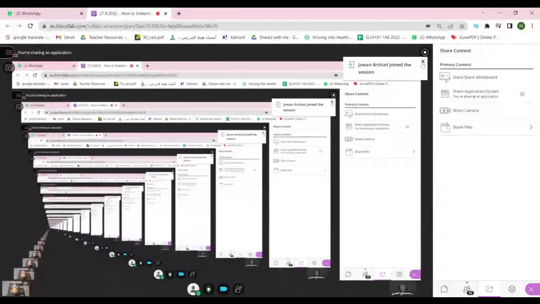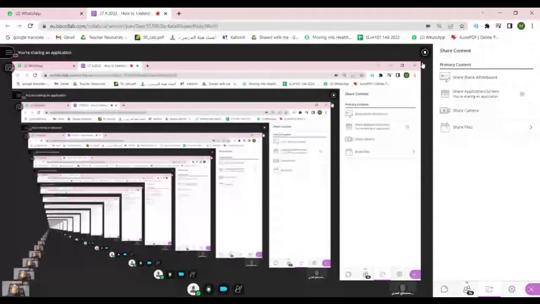Yeah, it's better to share only the PowerPoint window, not the whole screen. When I click window, I don't see my slide then. Because you minimized it, you need to maximize it.